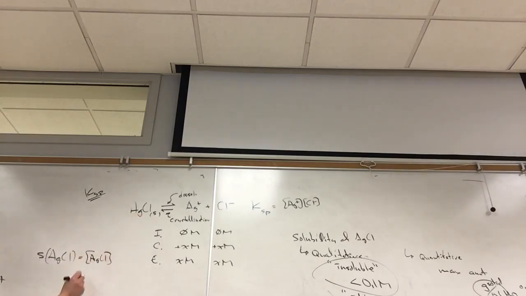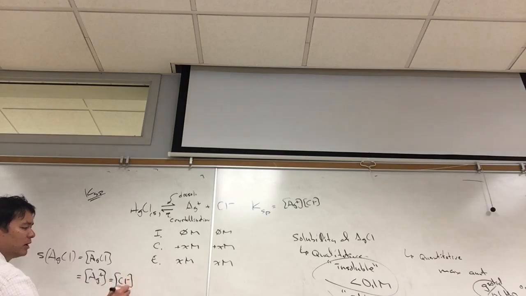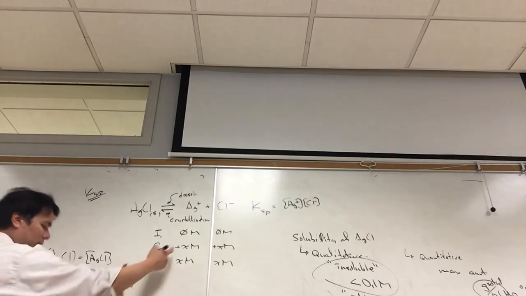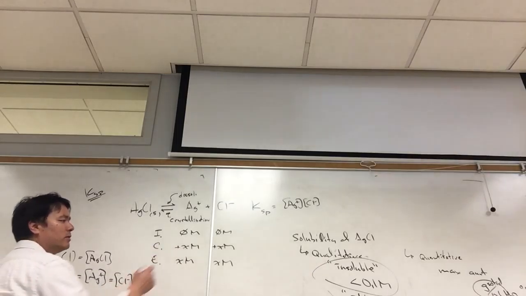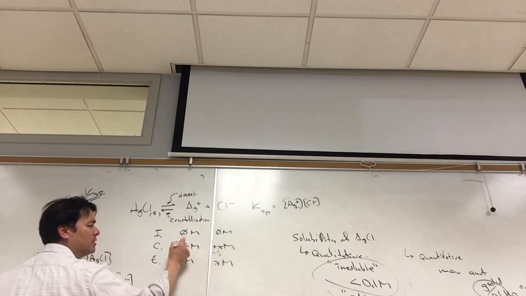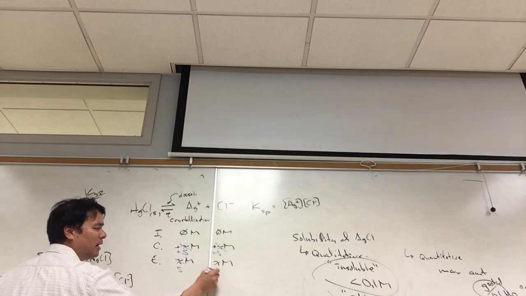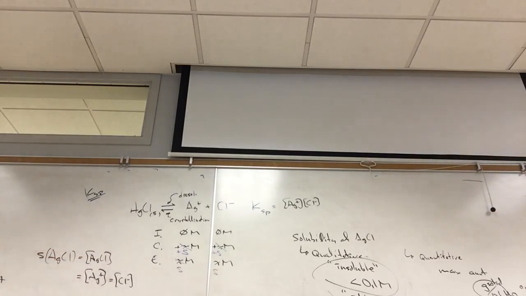Well, because of the mole ratios, for every mole of silver chloride that dissolves, I get 1 mole of silver ions. And so this is going to be equal to the molar concentration of silver ions in solution, which is equal to the molar concentration of chloride ions in solution. And so rather than calling this X, we could call this S instead of X. And so at equilibrium, we're going to have S molar and S molar, because S is just the same as the solubility of the silver chloride.